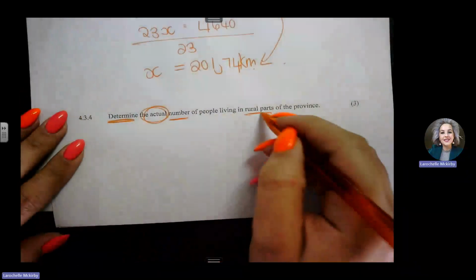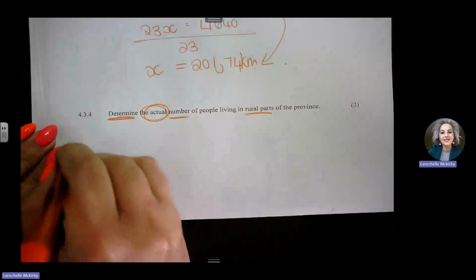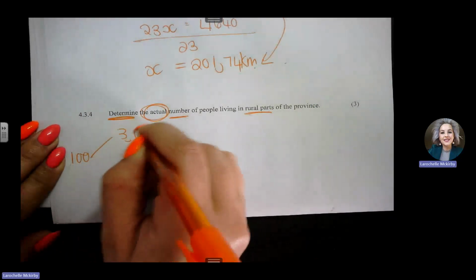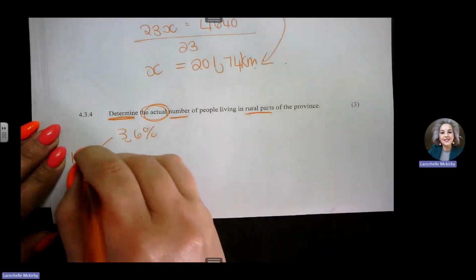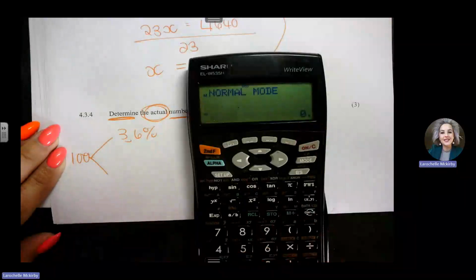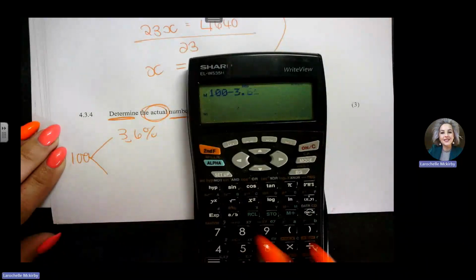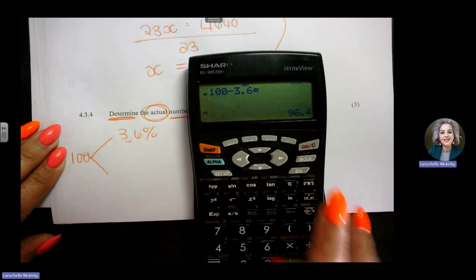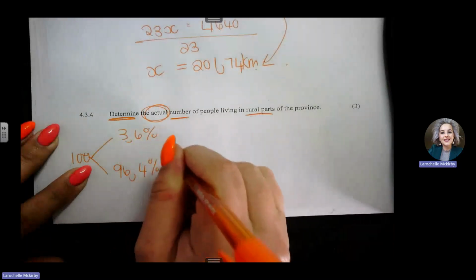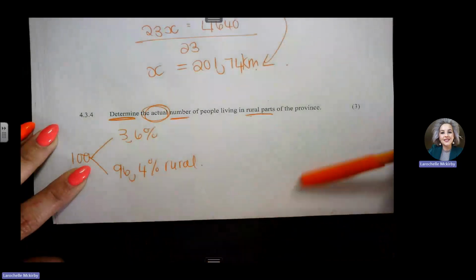So we should go and get the rural parts. If the percentage is of 100 and 3.6% is from Potch, what is the remaining few from the rural? So we say 100 subtracted by 3.6, meaning 96.4% is of rural areas.